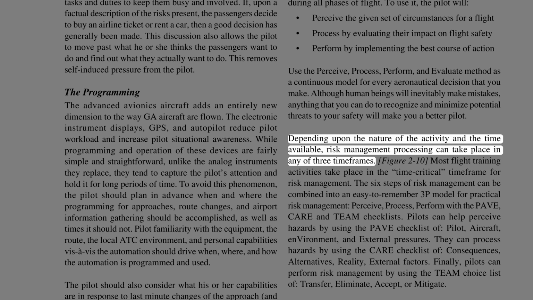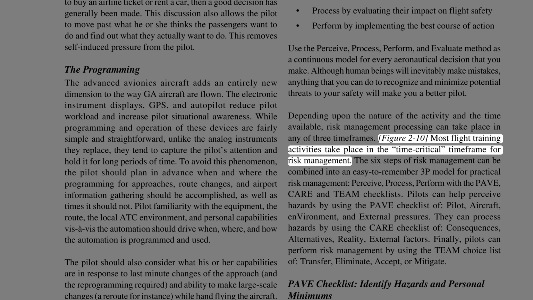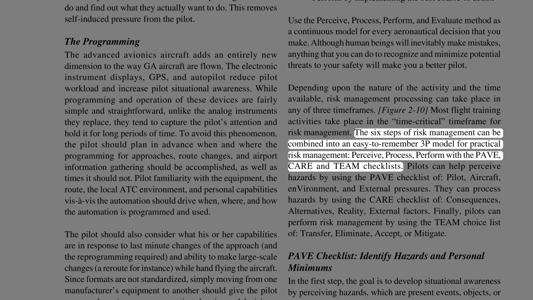Depending upon the nature of the activity and the time available, risk management processing can take place in any of 3 timeframes: Figure 2-10. Most flight training activities take place in the time-critical timeframe for risk management. The 6 steps of risk management can be combined into an easy-to-remember 3P model for practical risk management: perceive, process, perform, with the PAVE, CARE, and TEAM checklists.